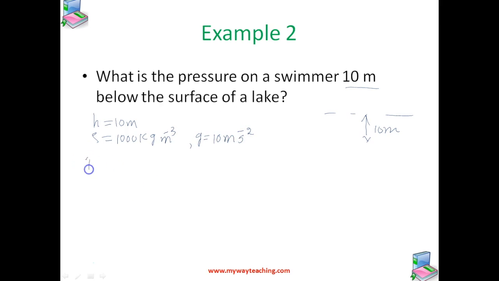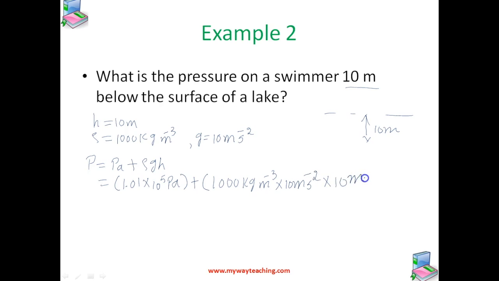So we know the equation: on the surface of the water the pressure is Pa and the excess pressure, or the gauge pressure, is rho gh. This Pa has a standard value, that is 1.01 into 10 raised to 5 Pascal, and the density is 1000 kg per meter cube. g is 10 and h is 10 meter.